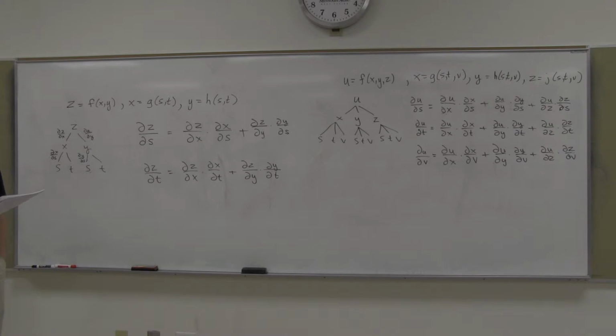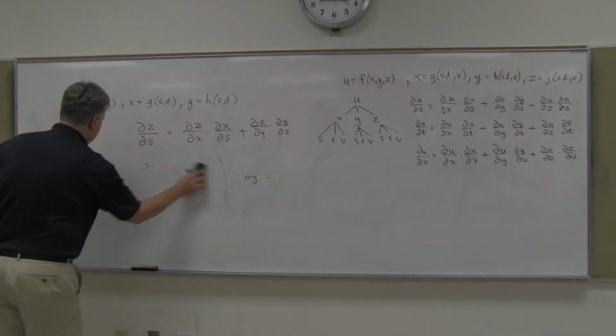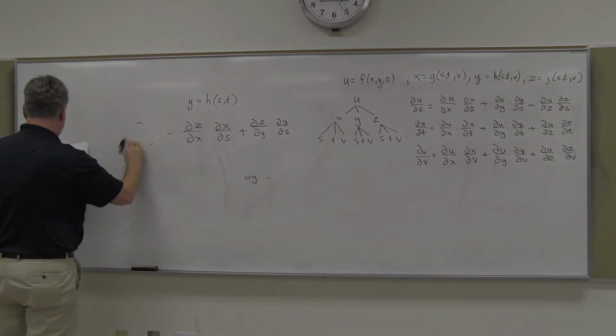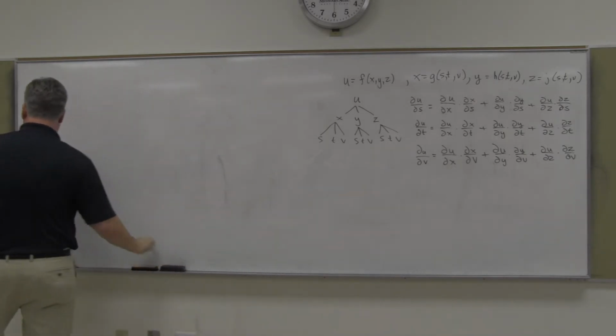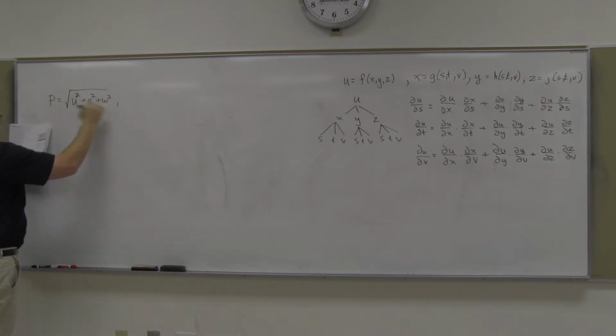All right. Let's say we've got p equals the square root of u squared plus v squared plus w squared.